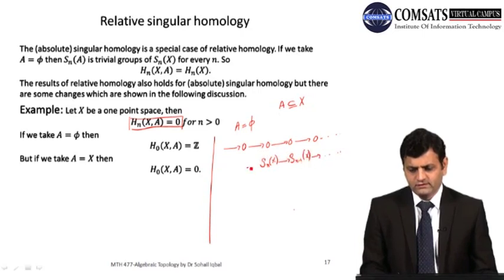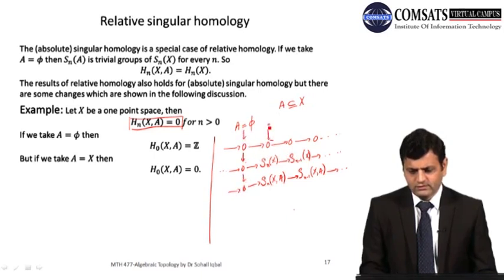So we have this singular chain complex corresponding to X, and then we have S_n(X, A), this relative singular complex. Once again we have 0 on these sides.